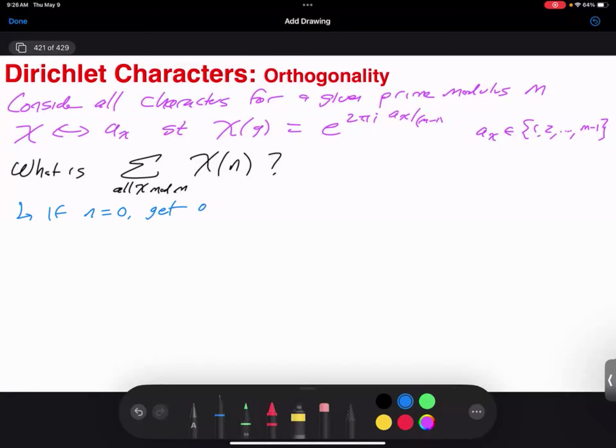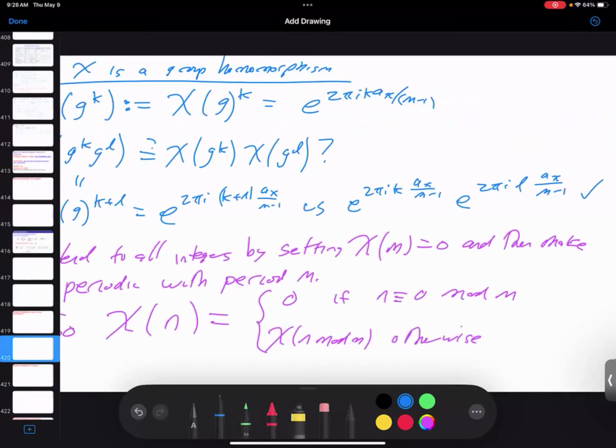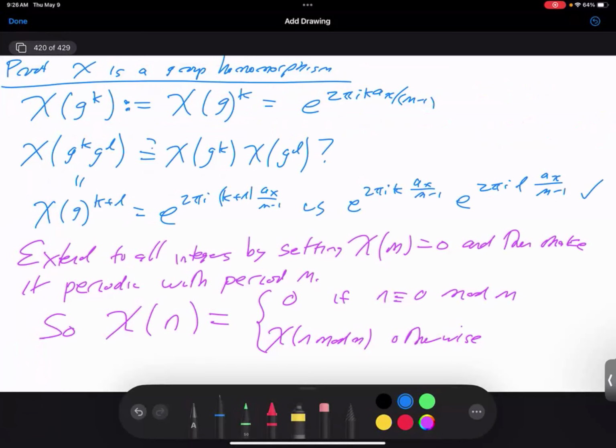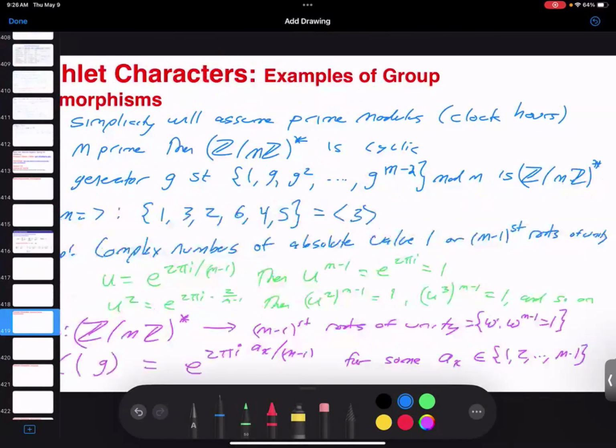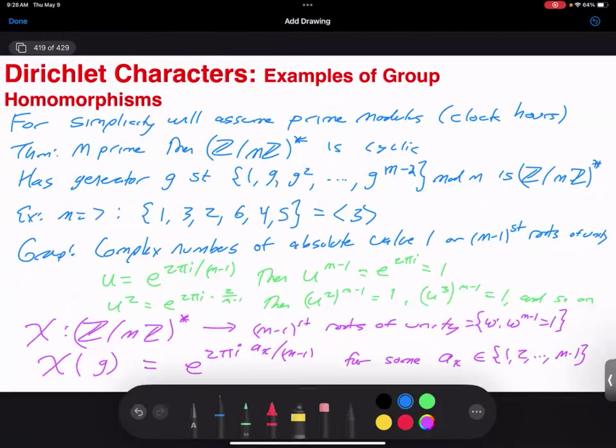So think back. You have a group homomorphism. So there's one value where you have to know what it is. What value in Z mod m star do we know goes to what value in the m minus first roots of unity? 1. So what is chi of 1?